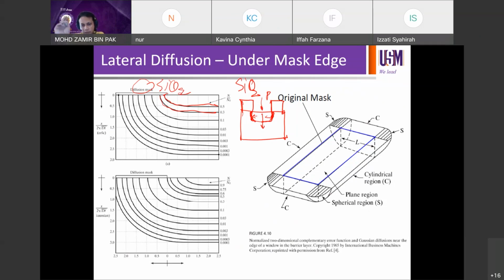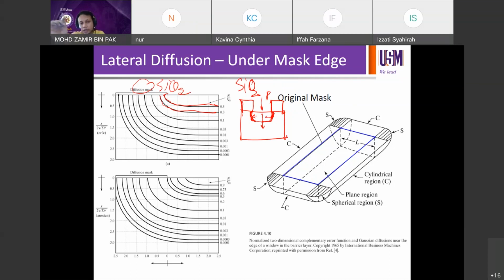If you talk about state-of-the-art technologies like 5 nanometer, 3 nanometer, 2 nanometer in the future, your control will be very, very stringent, okay? But you cannot afford to over diffuse on the side because the dimension will be very, very critical.